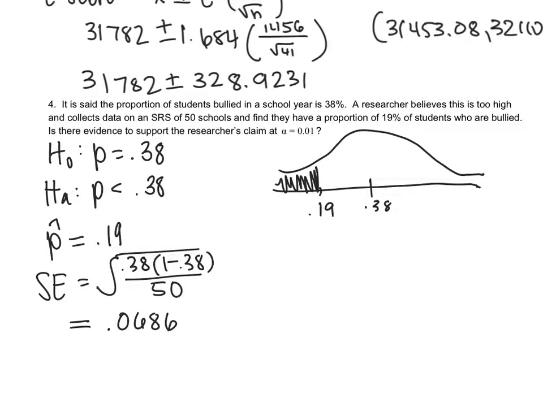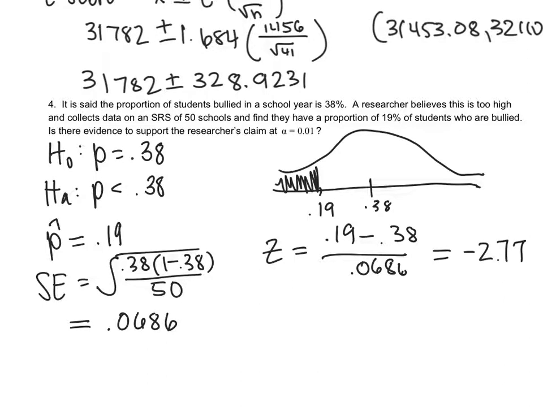So I need to calculate the p-value, but first to do that I need to calculate my z-score. So we're going to do 0.19 minus 0.38 over our standard error, 0.0686, which is going to give us negative 2.77. So using our z-score chart, looking at negative 2.77, that gives the p-value of 0.0028, which is less than our alpha of 0.01.